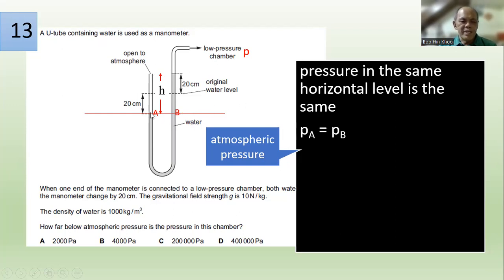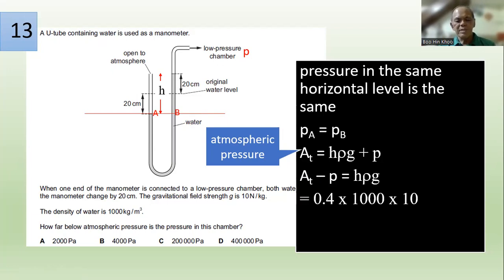So pressure at A is pressure at B. Atmospheric pressure is h rho g plus P. So atmospheric pressure minus P equals h rho g, and put in your value. h is 20 cm, that's your height, so in meters it is 0.2 each side, change in height 0.4.